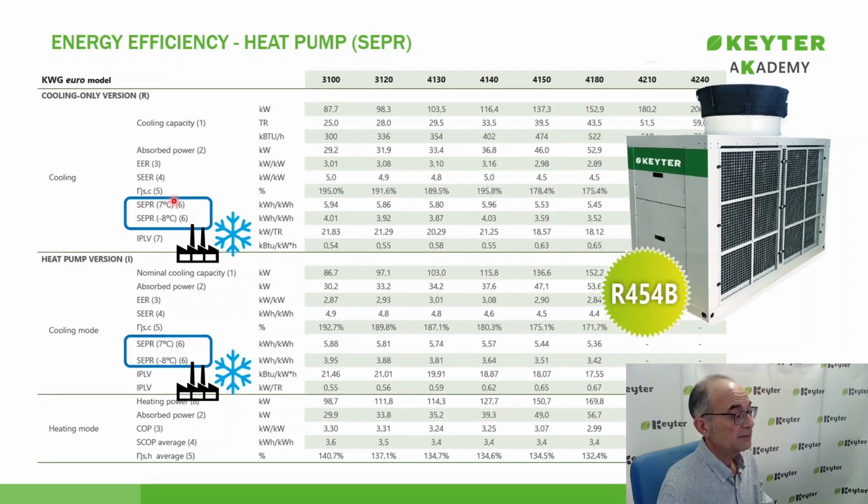So, in cooling mode, we would have the SEPR for supply at 7, which is high temperature, or at -8, which is medium temperature. And when the equipment is reversible, we will find the same situation with the SEPR for high or medium temperature and operating as a process chiller.